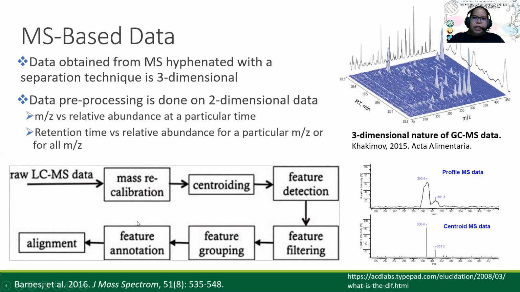You also have your feature annotation, which will provide you with, for example, what adduct is formed, and it can also provide initial or tentative identifications based on database search, based on the accurate mass, etc. And at the end, you will have to do alignment. So your chromatograms will be aligned accordingly, either based on a particular internal standard, or based on certain algorithms that have been employed for MS data processing.